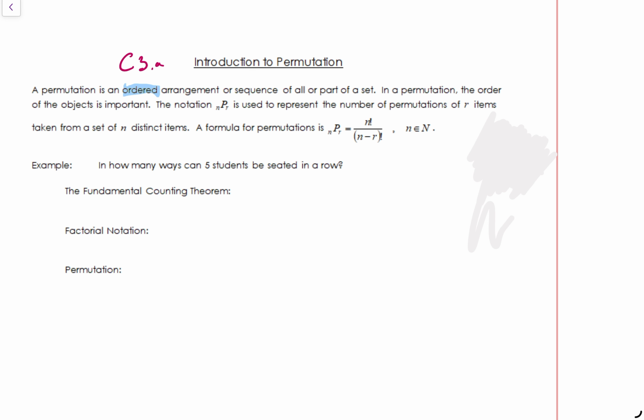The notation that we use for permutations is nPr, sometimes called n pick r, and is used to represent the number of permutations of r items taken from n distinct items. The formula for nPr, if you're going to use a formula, is nPr equals n factorial divided by (n minus r) factorial.